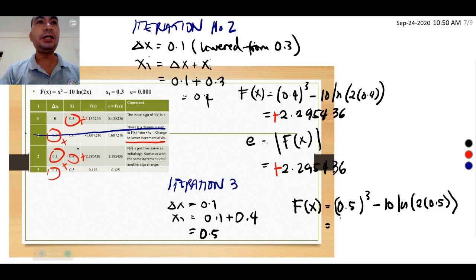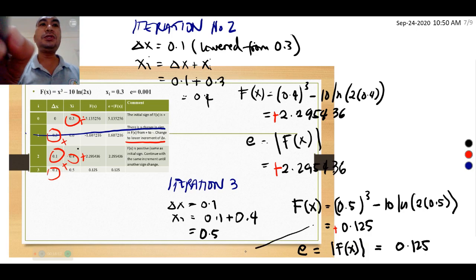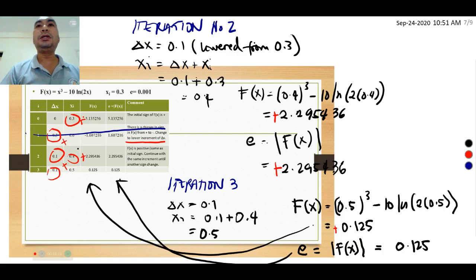So that will give us 0.125. And again, the sign here, take note, is positive. And solving for the error e is just equal to the absolute value of the function of x. That will give you 0.125, which is also positive. So this one is the value here, and this one is the value here.